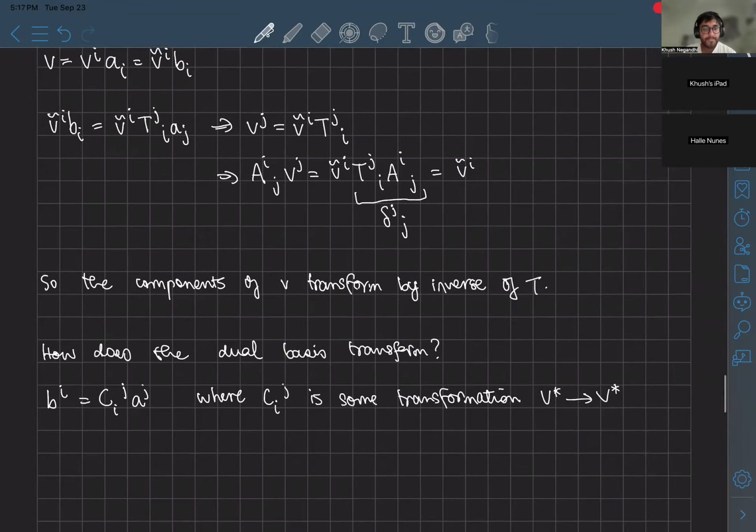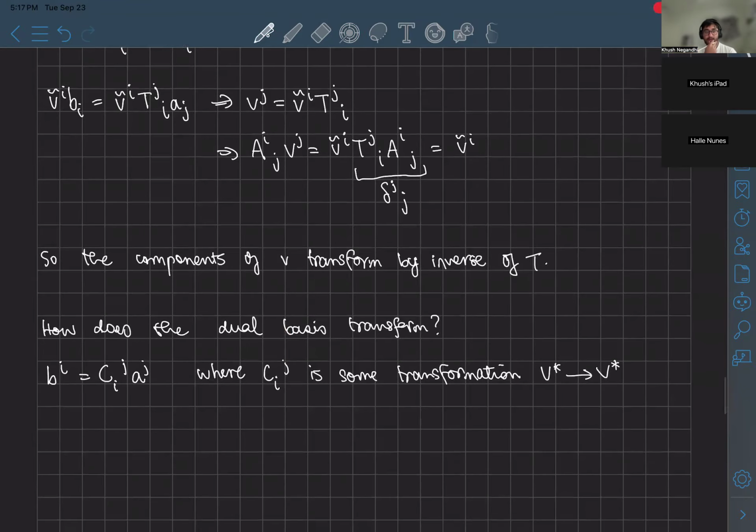Now we can use the definition of the dual basis to help us figure out what this does. We know that delta_ij is nothing but b_i dual applied to b_j. That's the definition of the dual. We know exactly how b_i and b_j transform, so we can replace b_i.